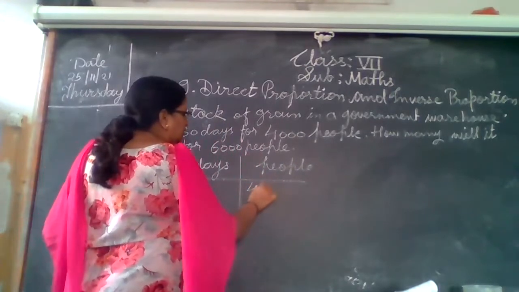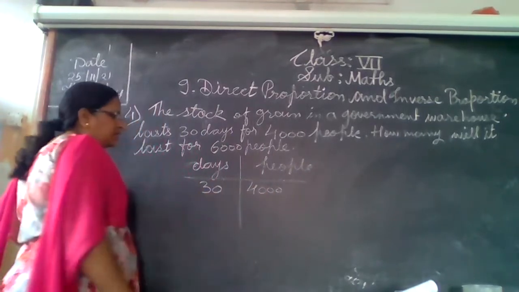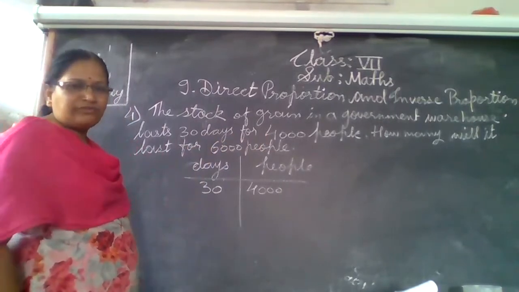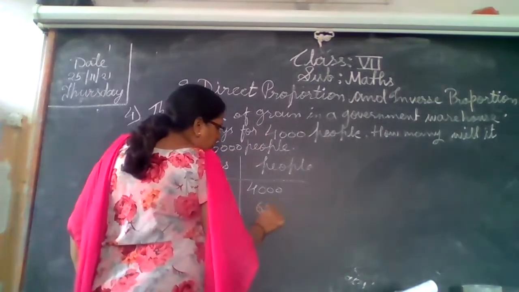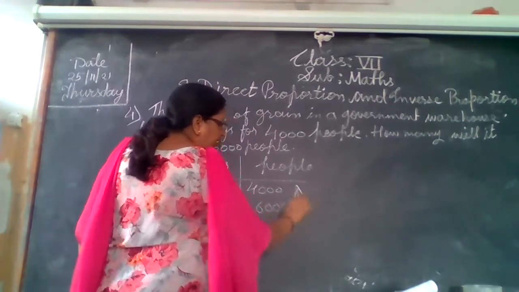If the stock for 4,000 people was 30 days, now the people are increasing from 4,000 to 6,000. So here it increases.